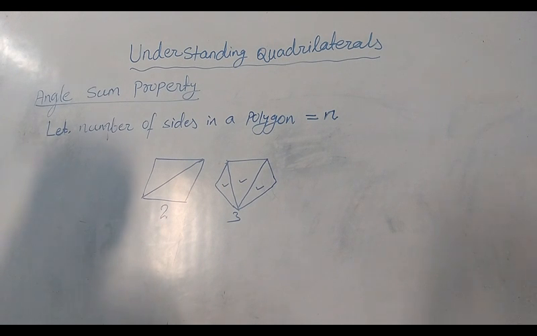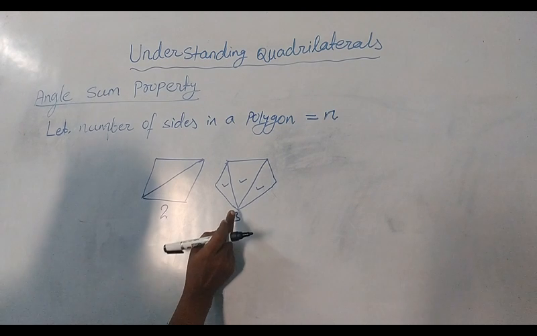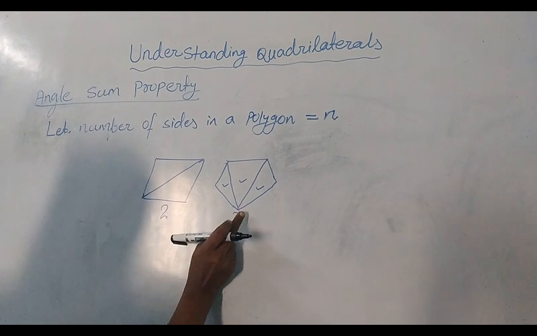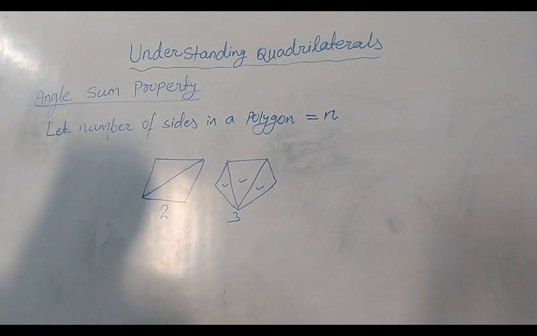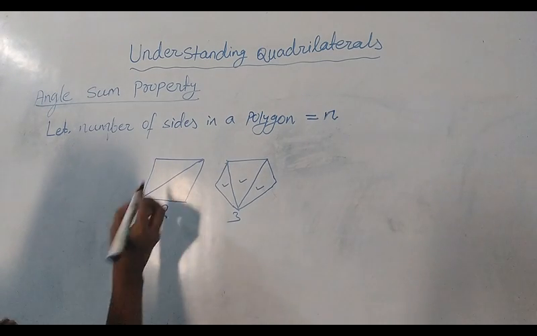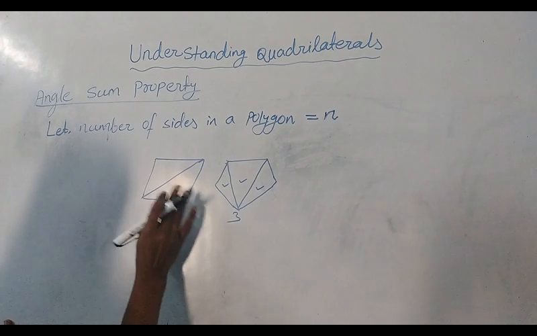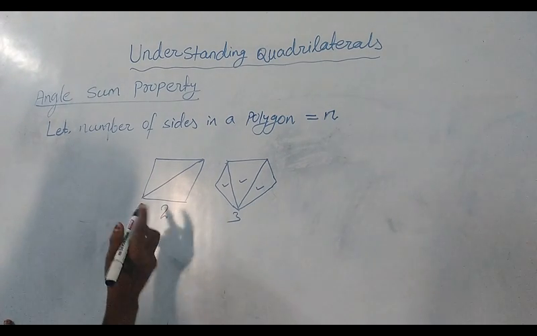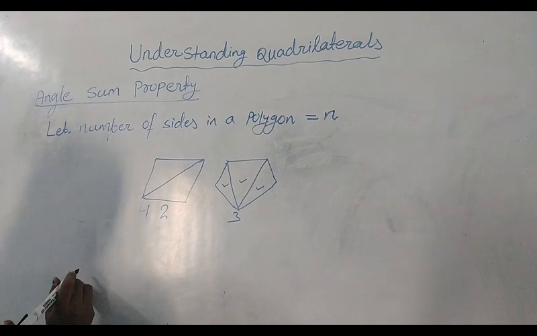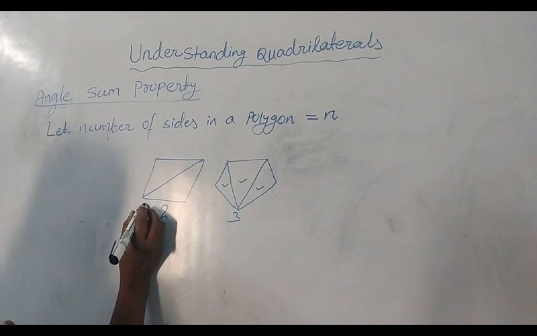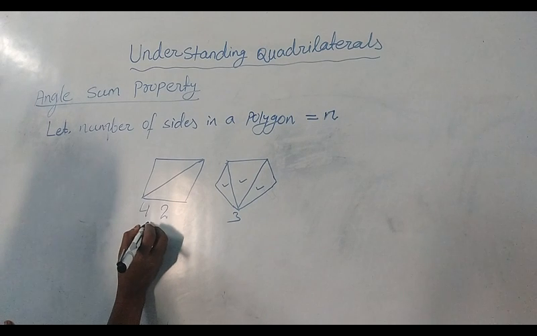So how can we decide the number of triangles inside the polygon? We can prepare them by joining any one vertex with the other non-consecutive vertices. Since this is a quadrilateral, and a quadrilateral has how many sides? 4.